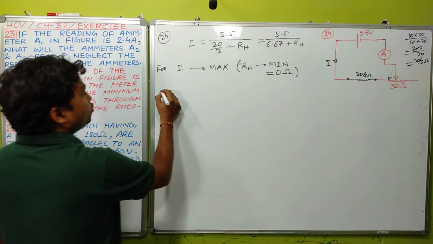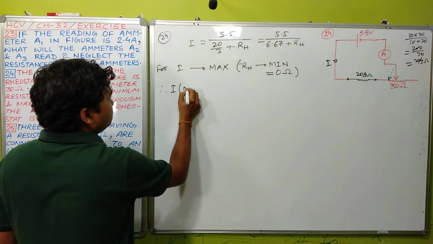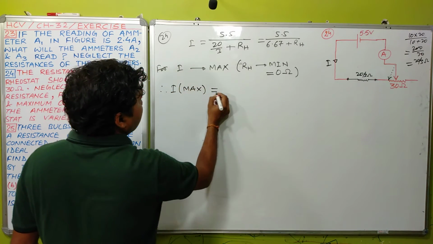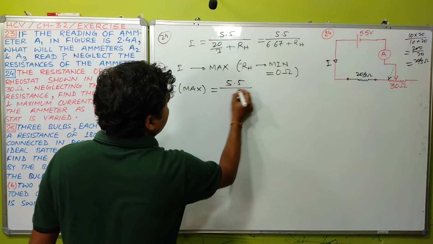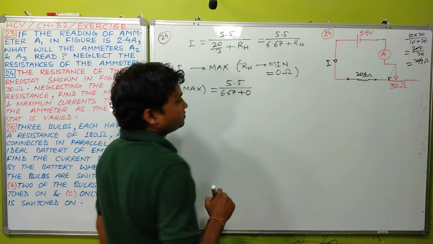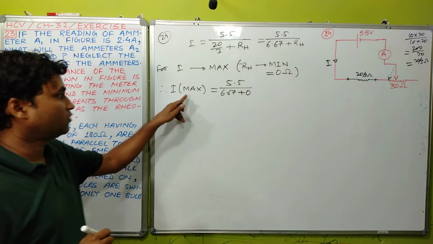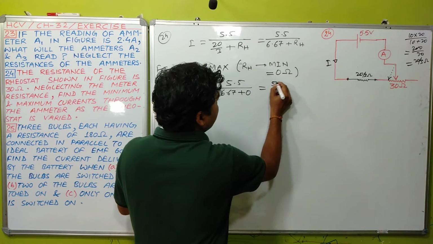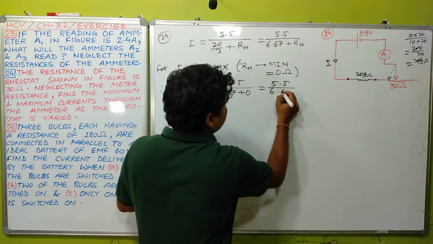Okay student, so I max, the maximum value of current, we are now writing. This becomes 5.5 divided by 6.67 plus the value of RH, which is 0. In that case the value of I will be maximum, and this becomes 5.5 divided by 6.67.